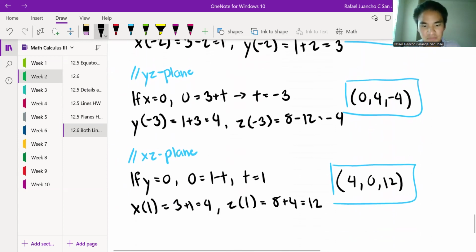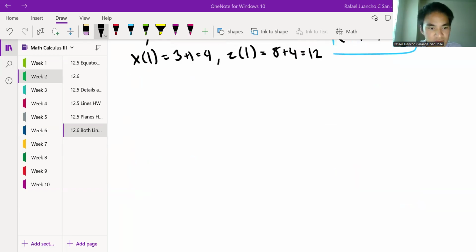So let's just type these out. So we have 0, 4, -4 if the line intersects the yz plane, and for the xz plane, it's 4, 0, 12. Okay, and this should be good, maybe. Let's see.